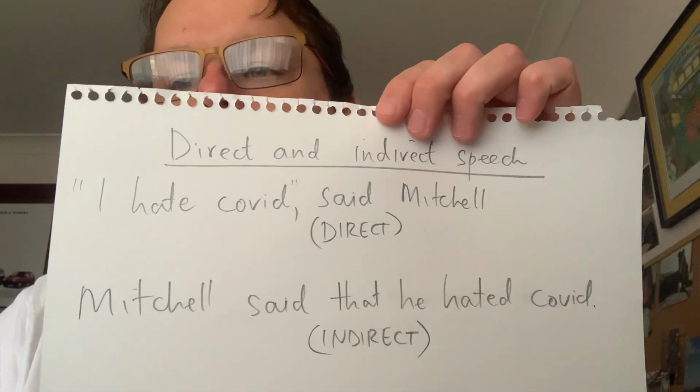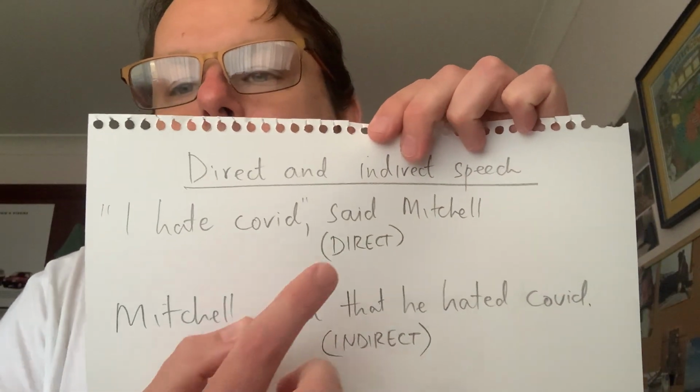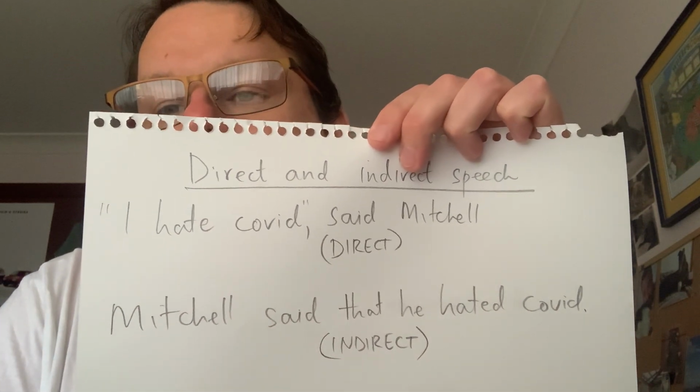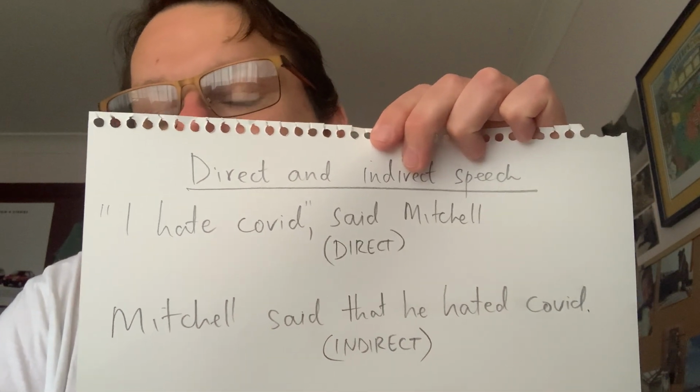Now, when we do these speech marks, one thing that we've got to do with the punctuation is we put the comma here, at the end of the words that are actually spoken. Now there could be an exception to that, because what we can sometimes do is use an exclamation mark or a question mark instead.